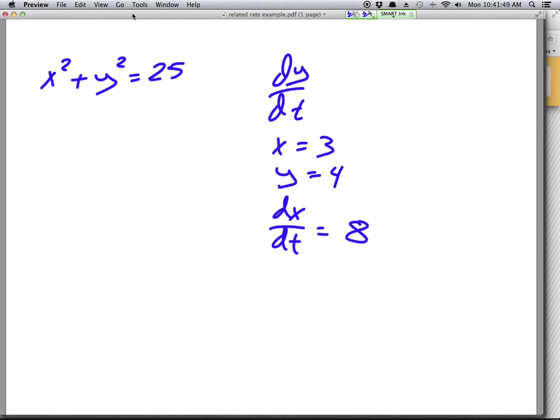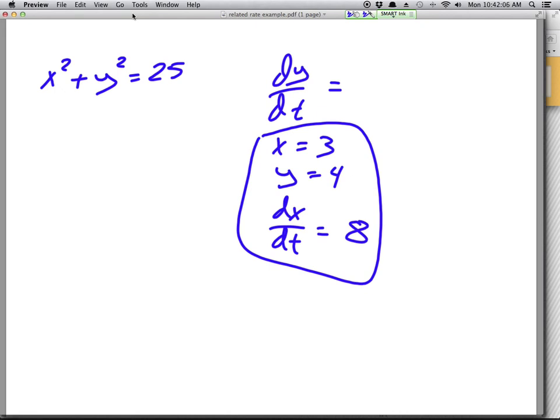Anytime I take the derivative of any variable, it's got to be d of the variable over dt. That's why it follows implicit differentiation. So dy/dt is what we're trying to find, and this is all the information they give me.